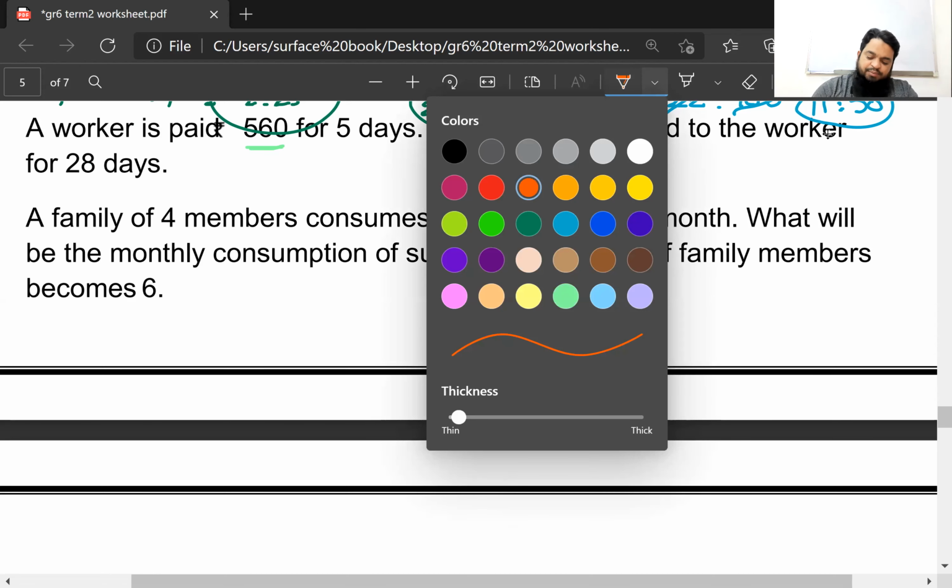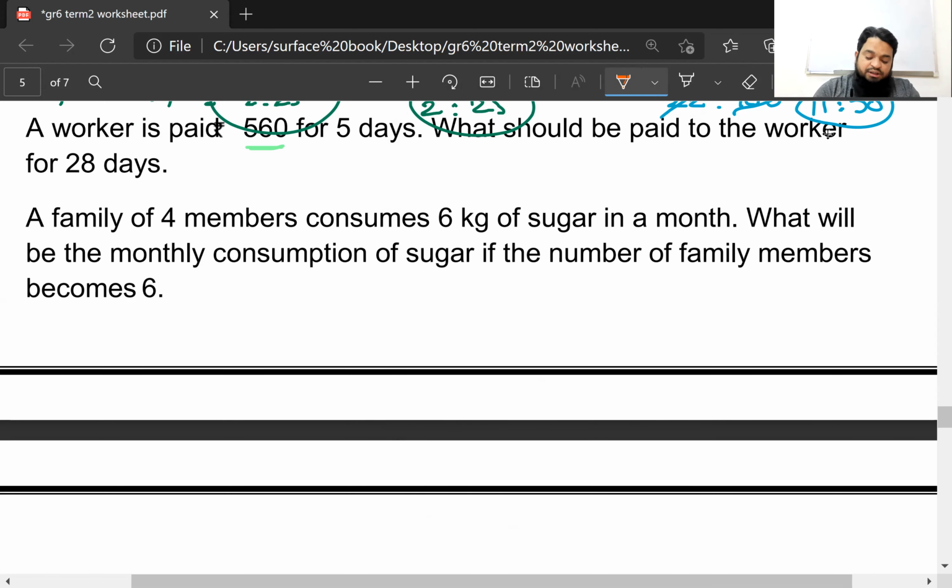So let us see. The amount paid for 5 days is equal to rupees 560.